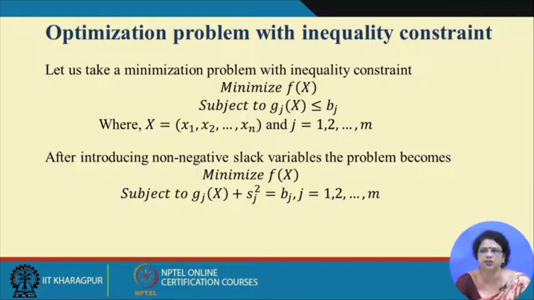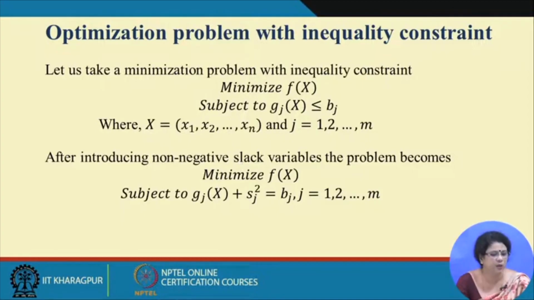If the constraint is of less than or equal to type, you introduce the slack variable. That is why here we are introducing a non-negative slack variable, Sj. Since we are considering the slack variable as non-negative, we are considering Sj square. That is why we can make this problem an equality type constraint.